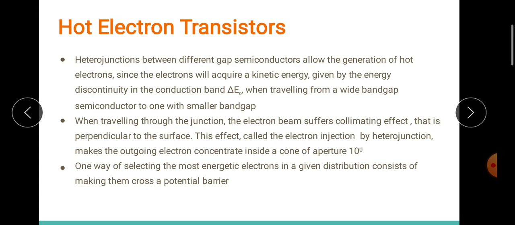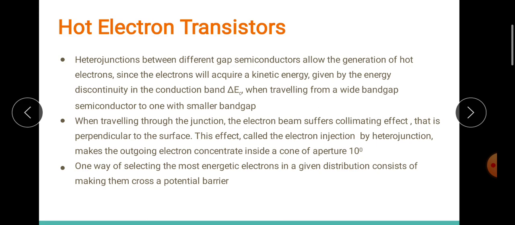Now, when these electrons travel across the junction, these electron beams start converging. They converge because of the high acceleration in the direction of the applied electric field. And finally, these electrons concentrate inside a very small region or very small cone.